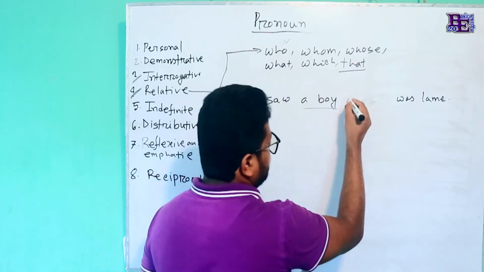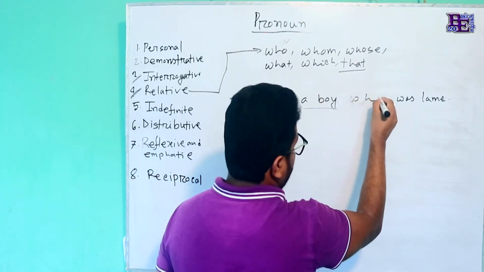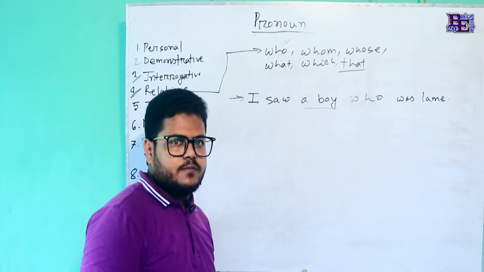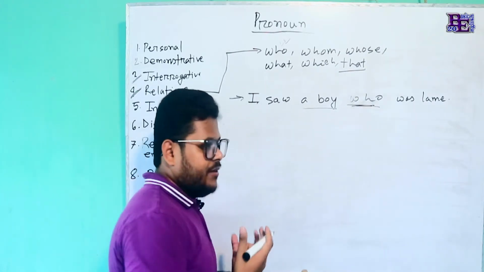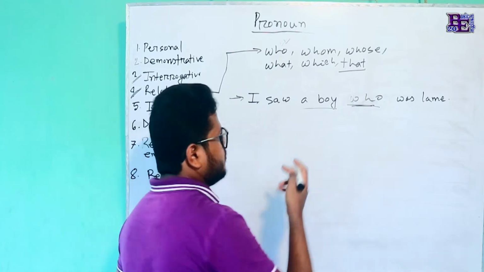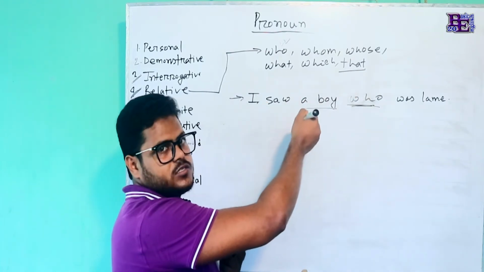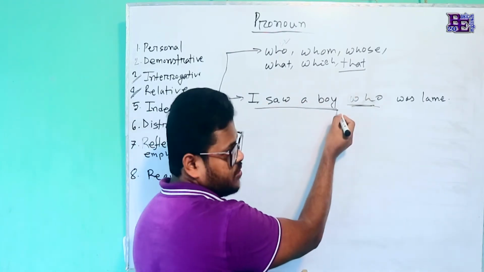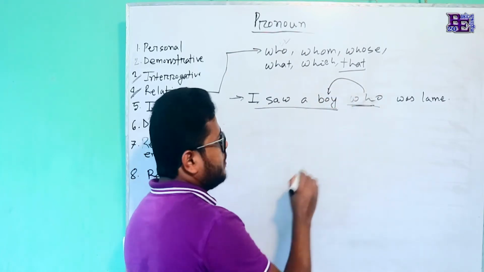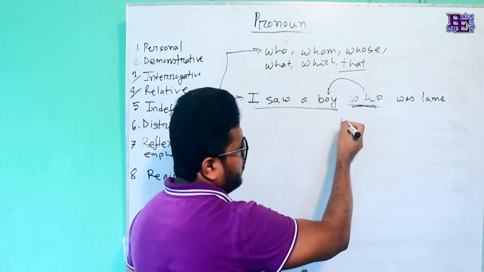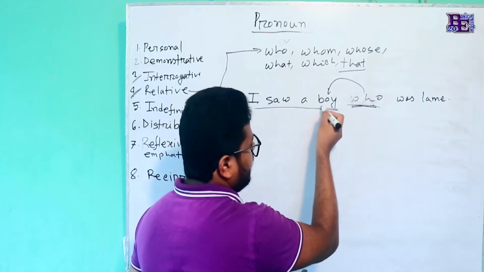Okay, so let's use, I saw a boy who was lame. You can see that who has built a relationship with the previous clause, and especially with the boy. That means it has made a relationship of the next sentence with the boy.